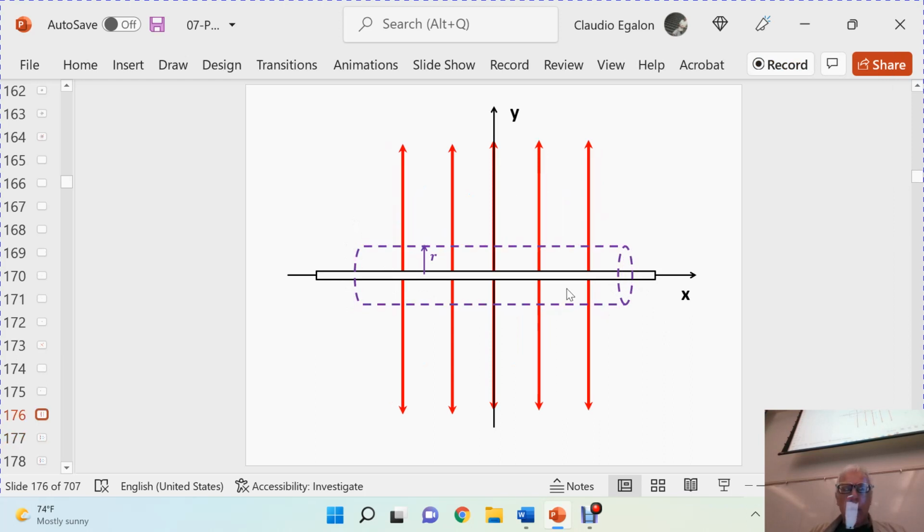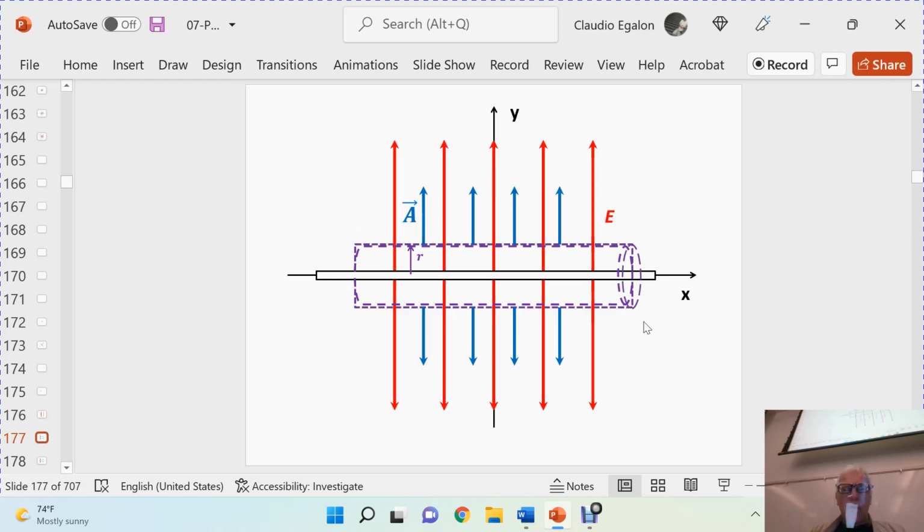Like I said, I like to get my drawings perfect. So, very clear. Not only do we have an electric field pointing in the polar direction, but we also have an area vector that also points in the polar direction.